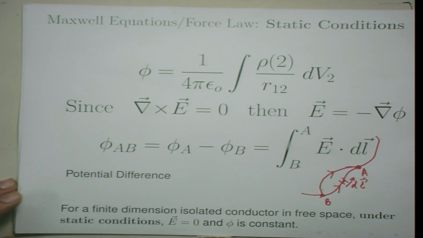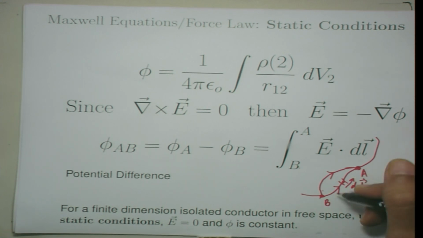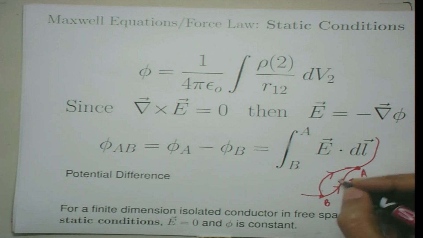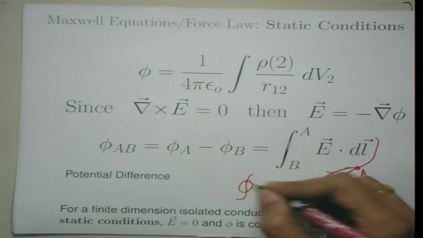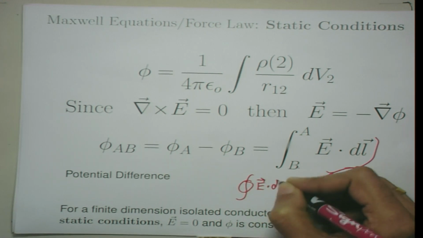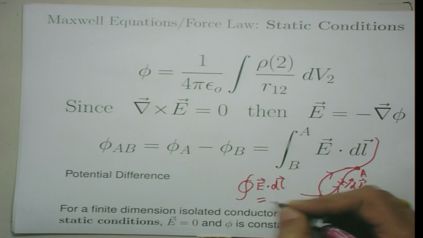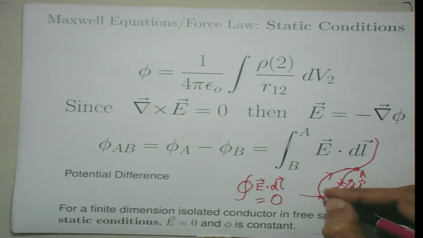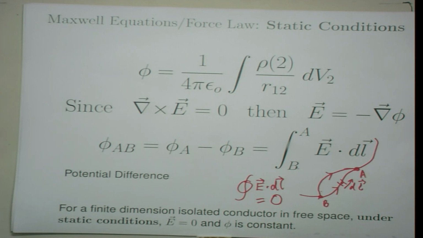That is, under static conditions, the path does not matter when you compute E dot dl between points A and B. This is not surprising, because if you write the integral form of Faraday's law under static conditions, it turns out to be 0 for a closed loop. So if you go along this path and come back along this path, the answer will be 0 for a closed curve.